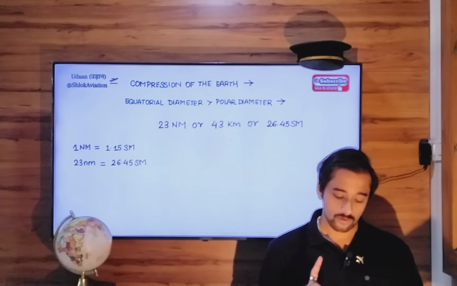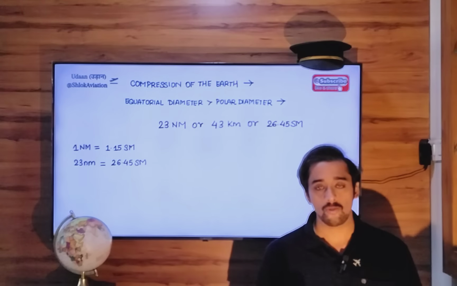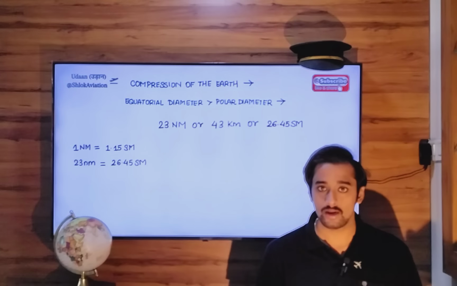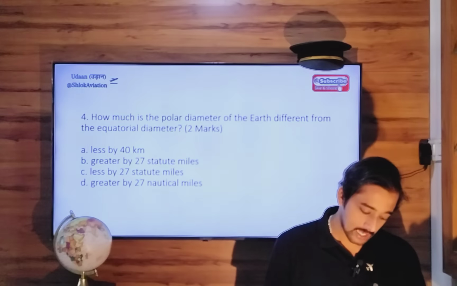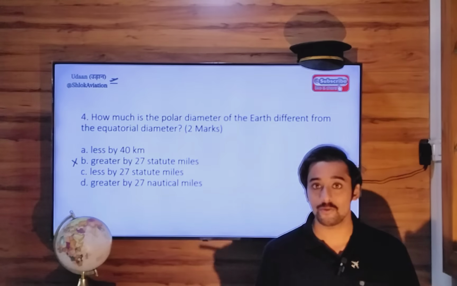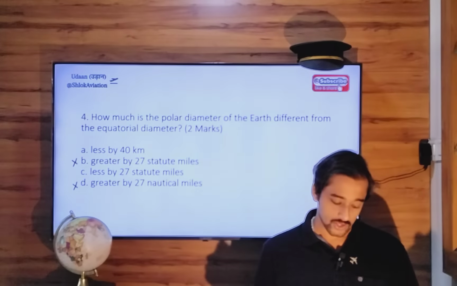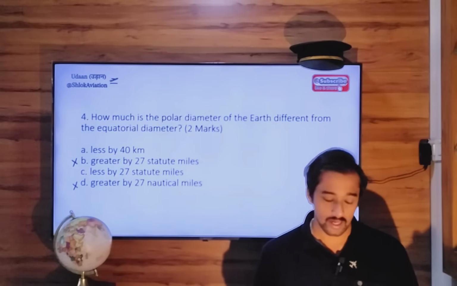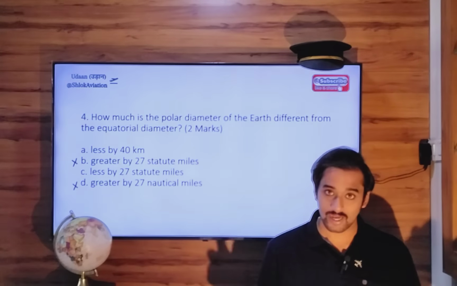So first things first, the equatorial diameter is more than the polar diameter, or the polar diameter is less than the equatorial diameter. So option Bravo is eliminated because it talks about the polar diameter being more than the equatorial diameter. So does option D. So Bravo and Delta both get eliminated. Now option A is less by 40 kilometers.